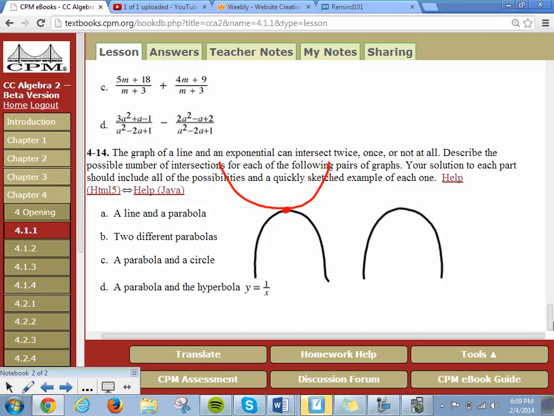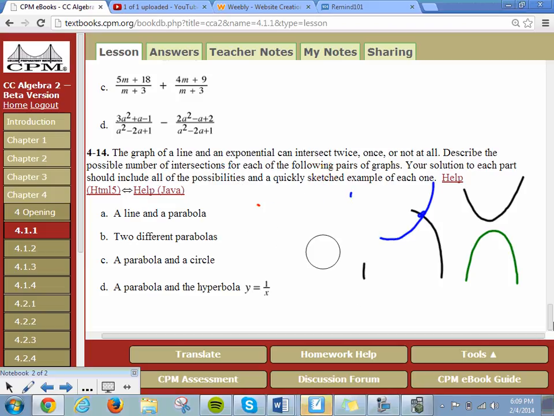I'm going to have them touch at exactly one spot. They can intersect twice. Or not at all. And you can assume with all of these there might be arrows.